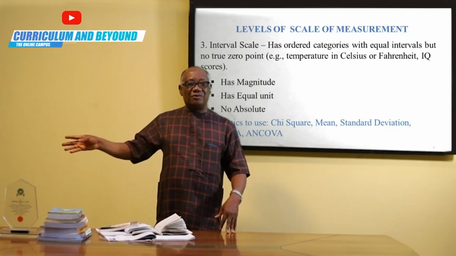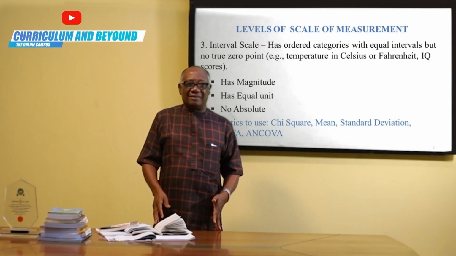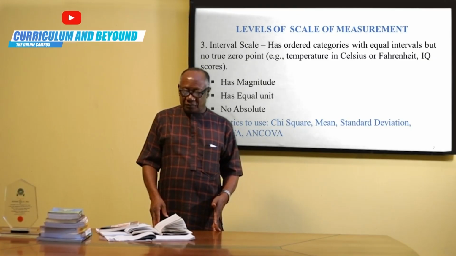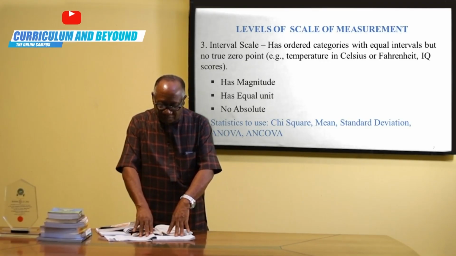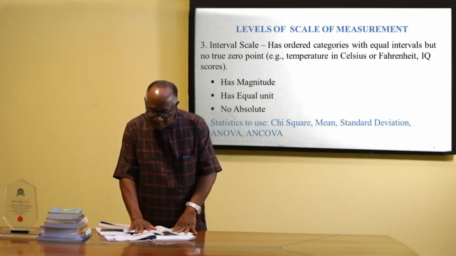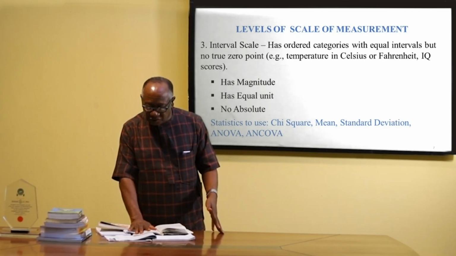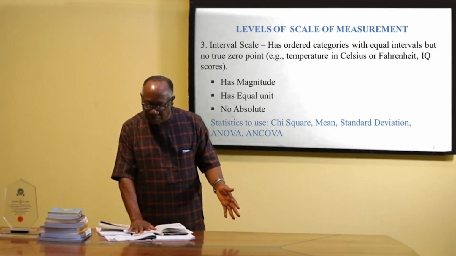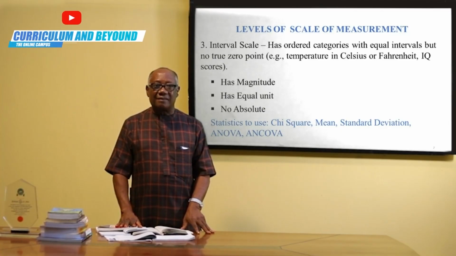The 0 is just used for the purpose of scoring. Now, at that level of measurement, you can use the following statistics. You can use chi-square, you can use mean, standard deviation, you can use ANOVA, and analysis of covariance.